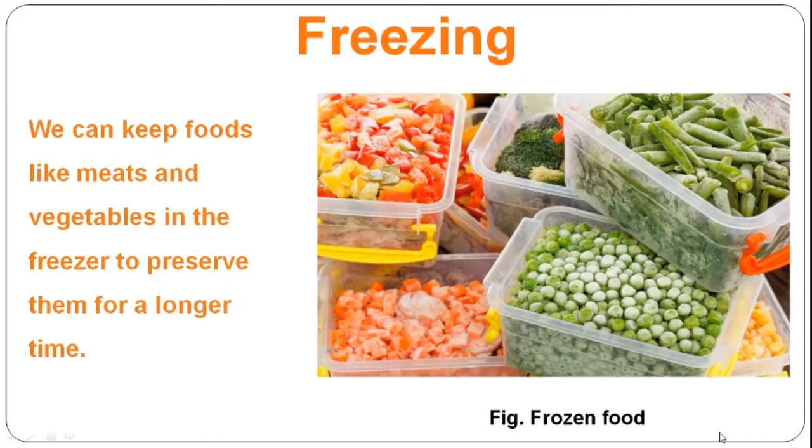They can be stored for a longer period of time if we freeze them. In the refrigerator, food also stays for a longer period compared to outside the fridge. But in freezing, it stays even longer than in refrigerators and in good condition.